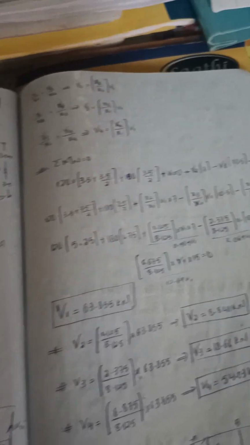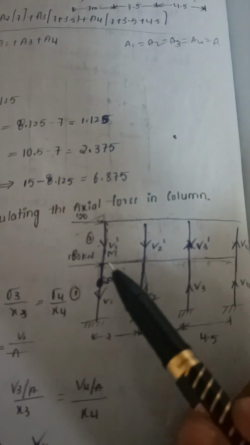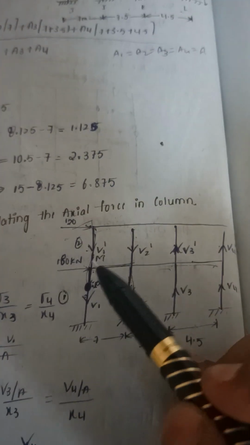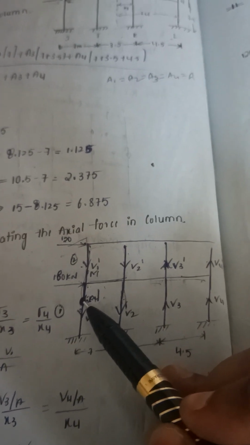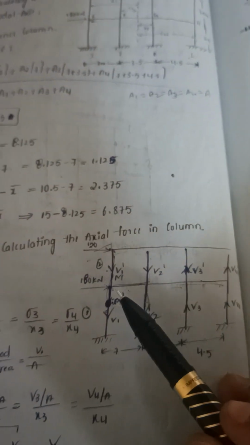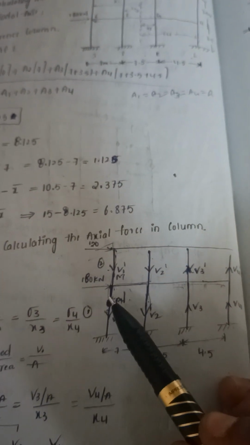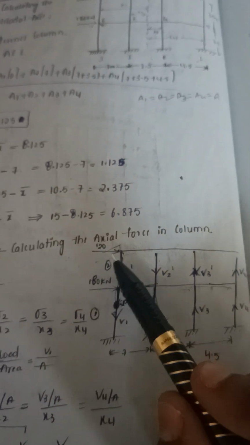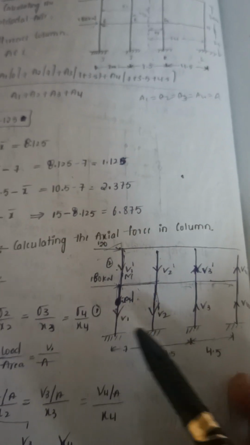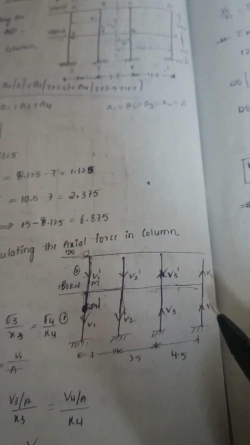Now we will apply sigma M about N equal to 0. What is N? N is the point of contraflexure for this column. It is exactly at the center. Let us apply sigma moment about N equal to 0 for story 1. For story 1, we need to consider force into perpendicular distance for each force.